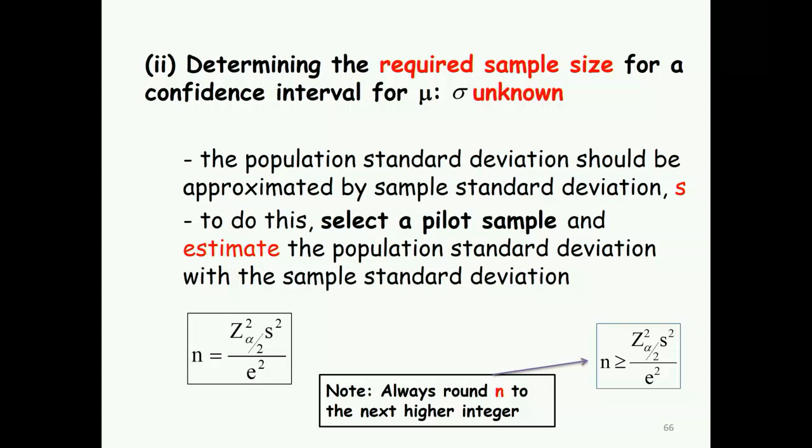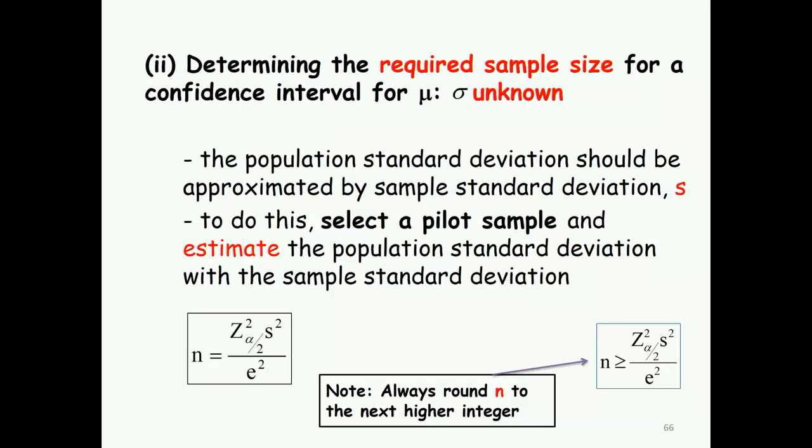So, the population standard deviation should be approximate, okay? Then you do the pilot. So you make a study, but it's not a huge study. Because if you do a huge study, you already know the N. But if we want to know N, but population standard deviation is not given, we do a pilot study. So using that pilot study, we calculate.